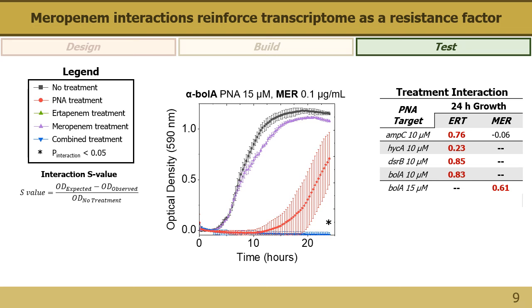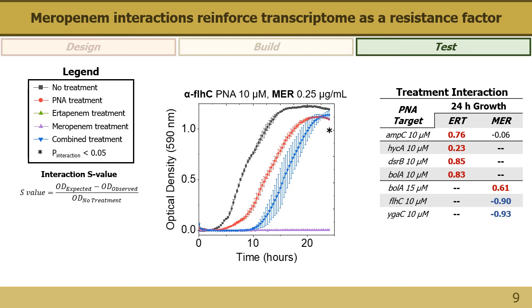And what we find, here's an example with alpha FLHC, the motility gene, is it actually works really, really well. That lower line there, the purple line, is the strain's growth when challenged with 0.25 micrograms per mil meropenem.